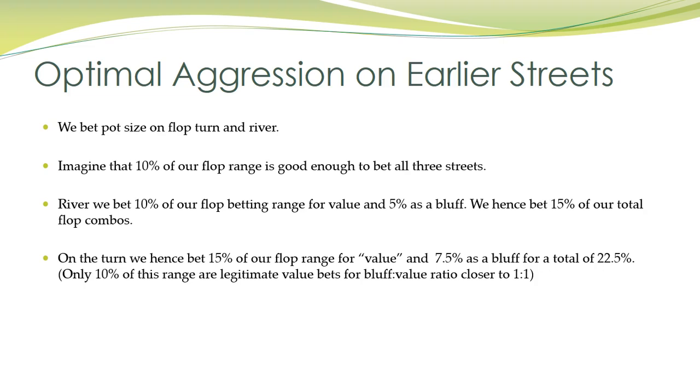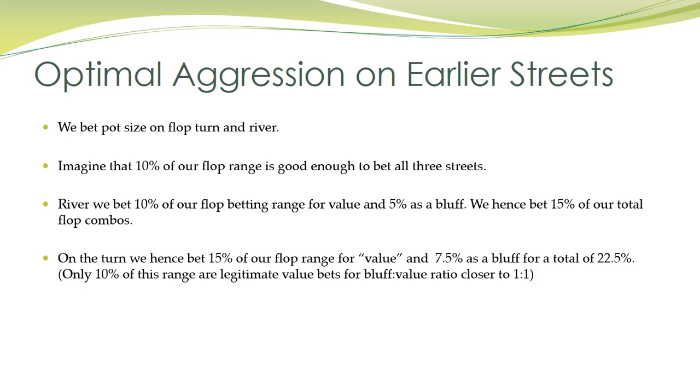We're effectively winning the pot even when we have one of those 5% bluffs on the river, because our opponent's expectation is not changing against our overall range. So on the turn, given we know that that 5% of our flop range is going to go on to fire the river as part of a balanced range, we can think of that effectively as part of our value range on the turn.